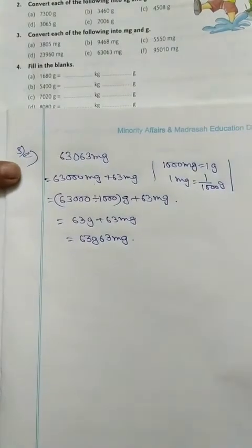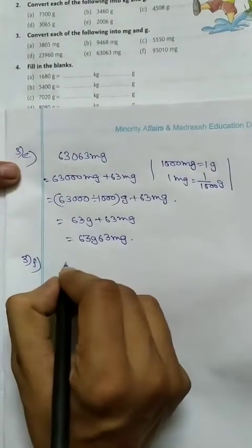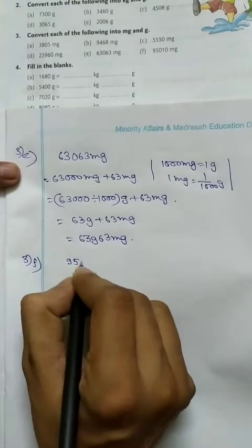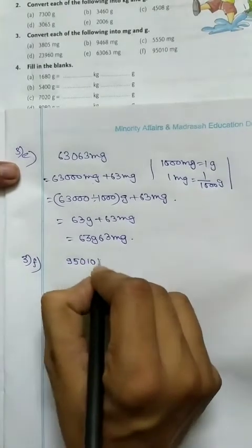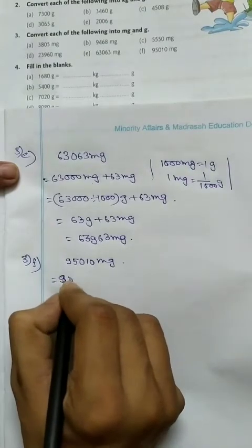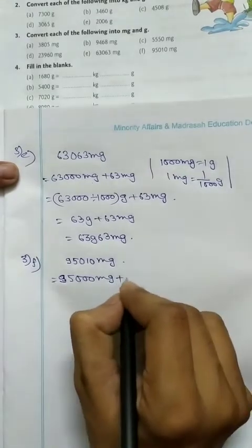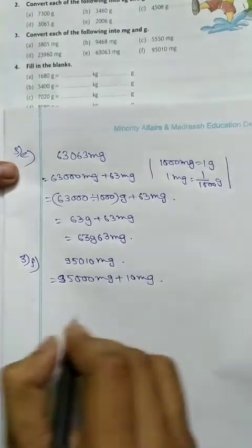Now question number 3 F. 95010 milligram, and we write this as 95000 milligram plus 10 milligram.